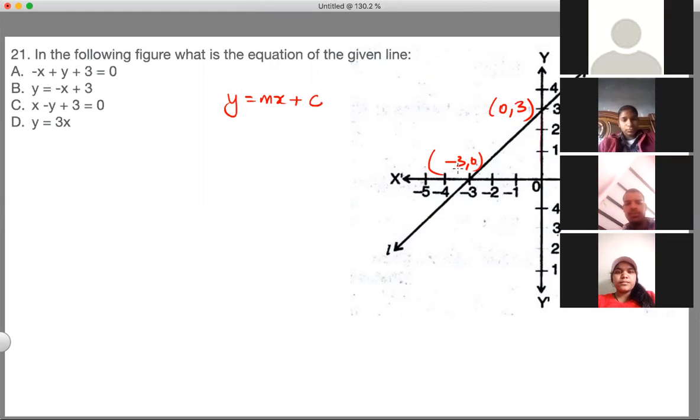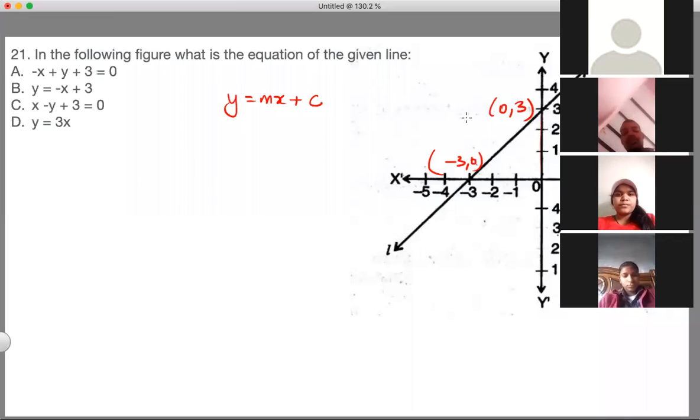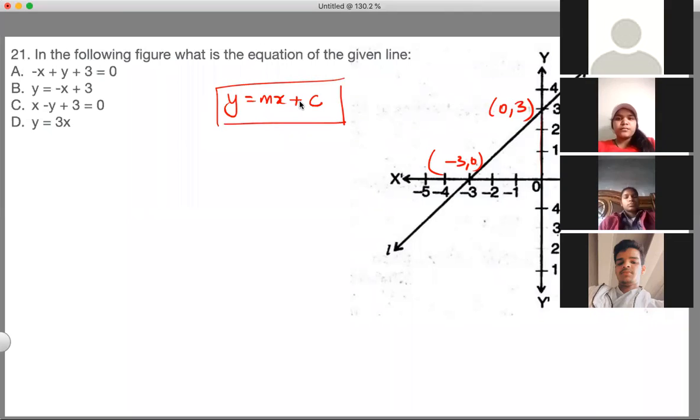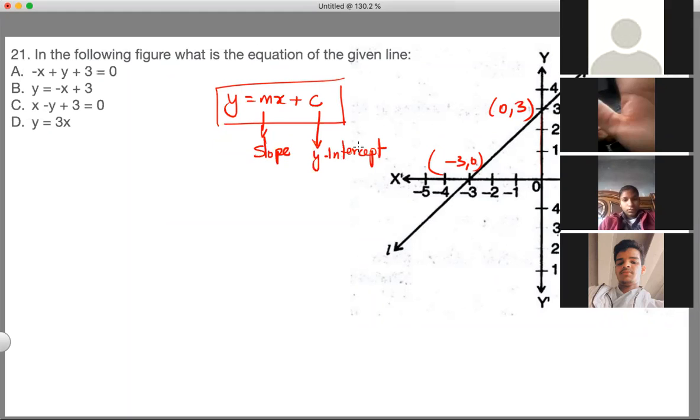Once again everyone, what is the equation of a line? y is equal to mx plus c, isn't it? m is slope and c is y-intercept, right?